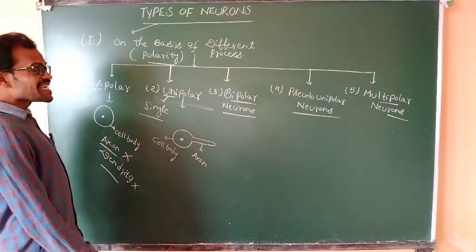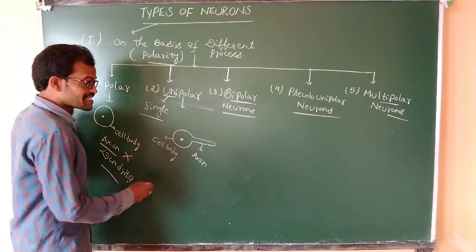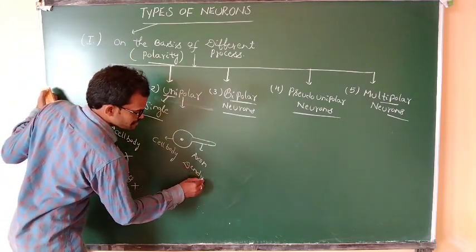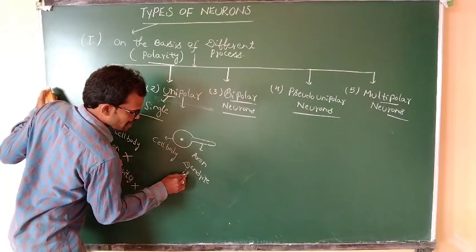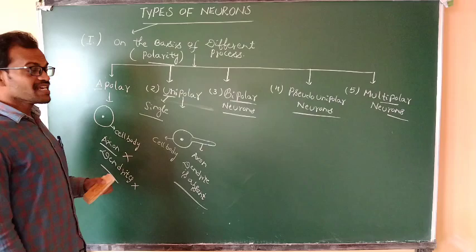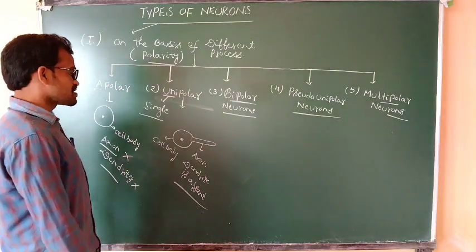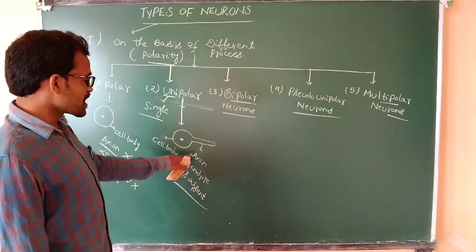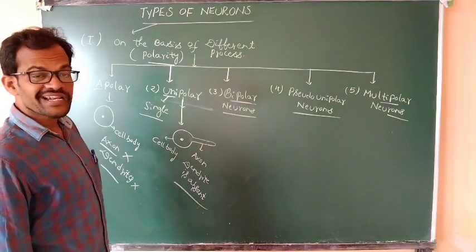Coming to the unipolar, single polarity. The cell body is present, the axon is present, but the dendrite is absent. Unipolar means one polarity, the axon polarity.